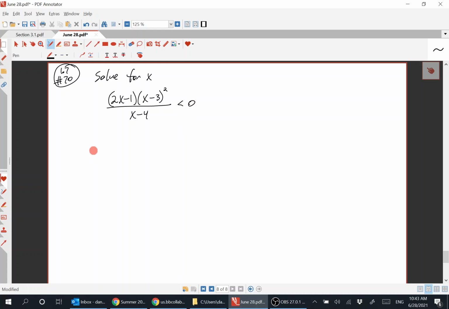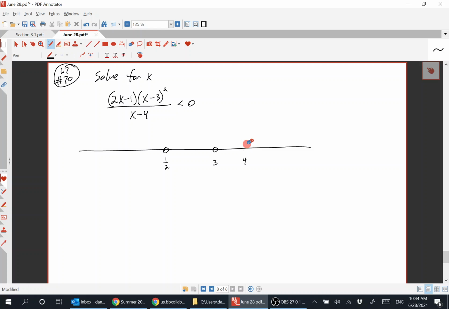All right, well, the places where the numerator or the denominator are 0 are at positive 1/2, positive 3, and positive 4. So positive 1/2, positive 3, positive 4.